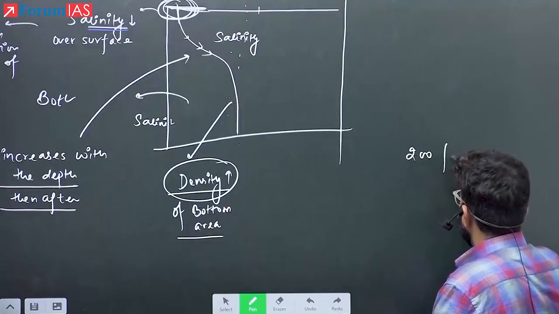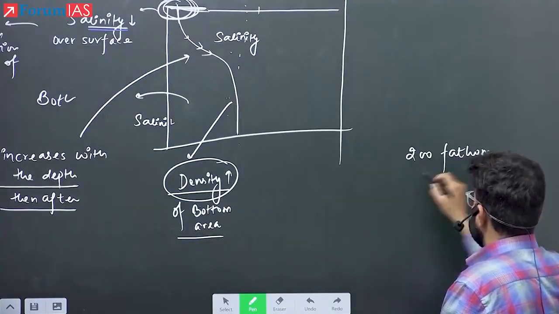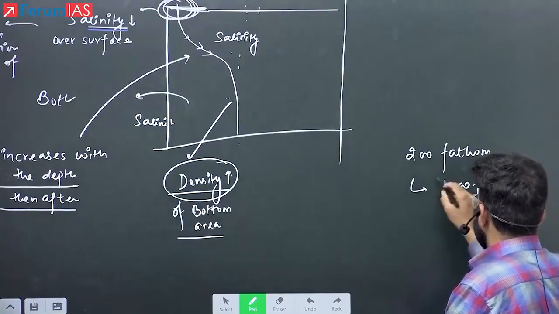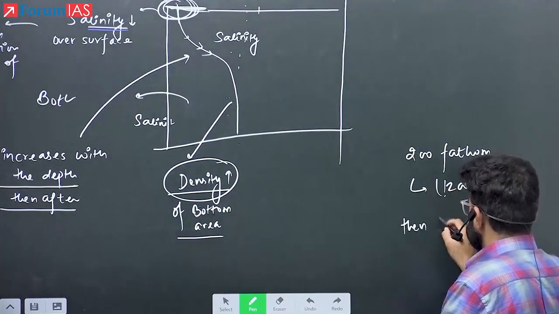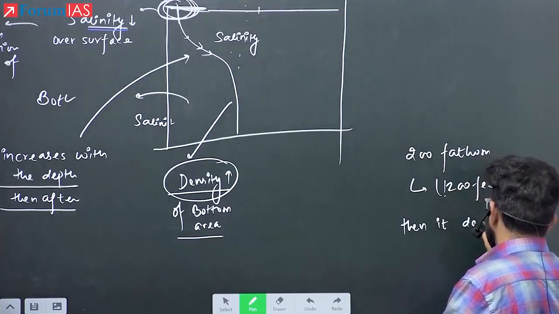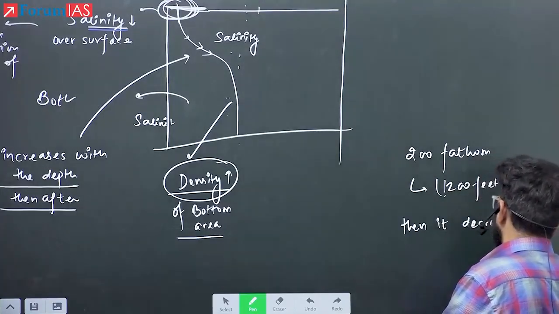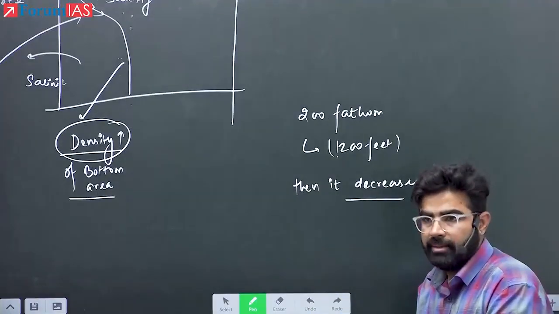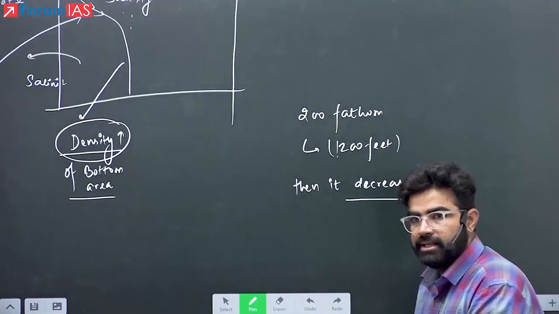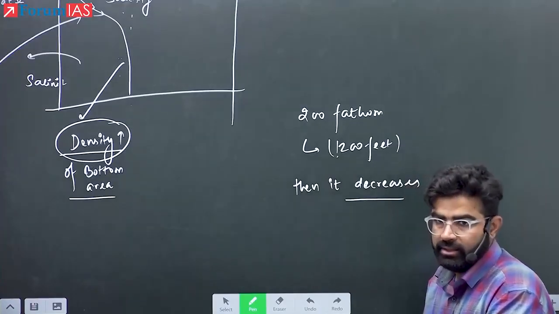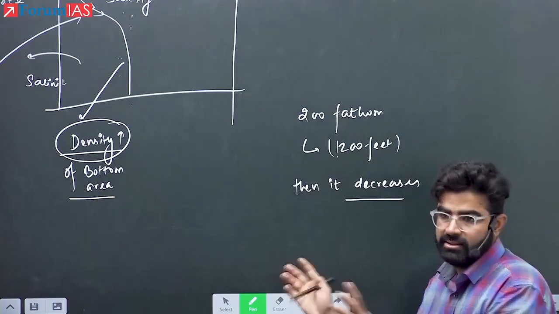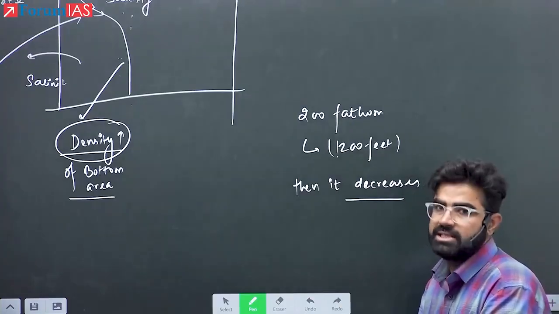What is 1 fathom? 6 feet. So around 1200 feet. And then it decreases. So in the mid latitude, what happens is the salinity will increase up to 200 fathoms, then again it will start decreasing. Okay? These are the patterns that we have seen in general.